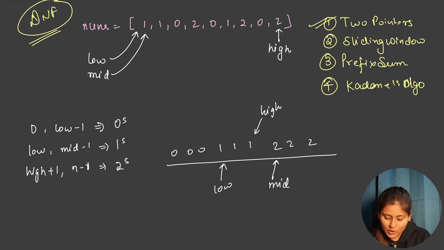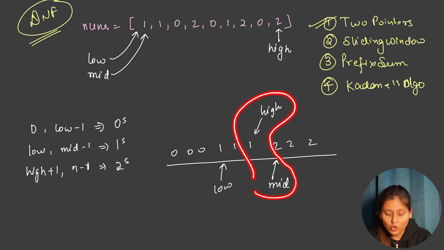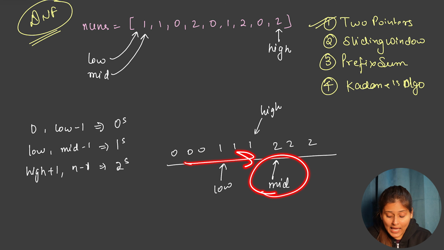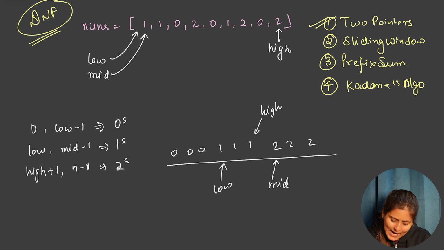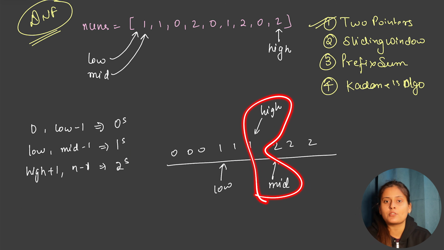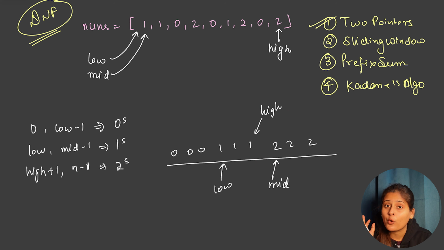If you remember, low started from the left side and high started from the right side. This means mid and high will cross each other. Until then, the while loop will keep on running, because mid started from the left side and high started from the right side. As per the definition, it's very clear that when mid and high just cross each other, the while loop will stop.